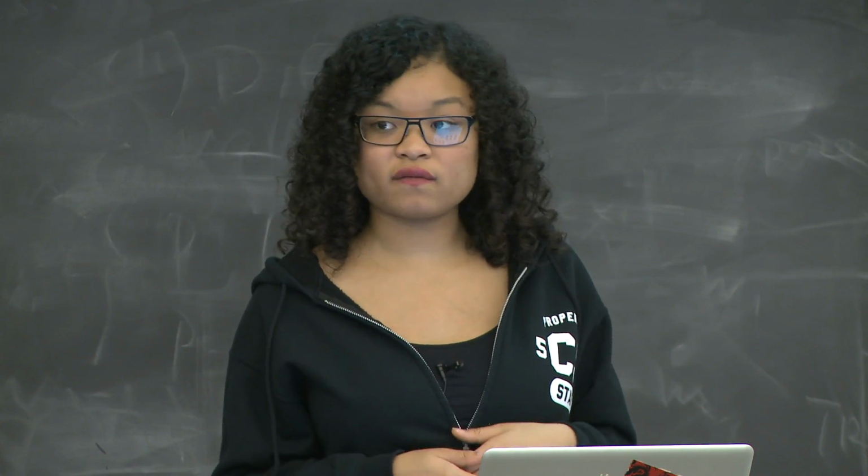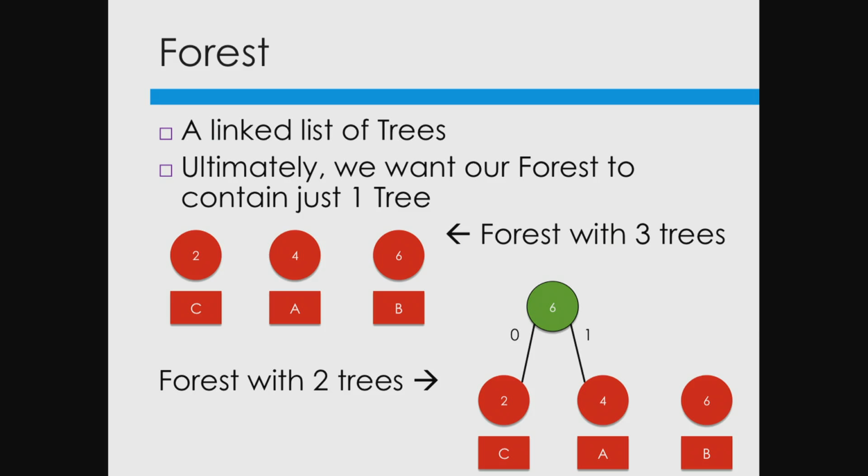If we just have 3 letters, then that's basically a forest of 3 trees. And then as we go on, when we added the first parent, we made a forest of 2 trees. So we removed 2 of those children from our forest and then replaced them with a parent node that had those 2 nodes as children.